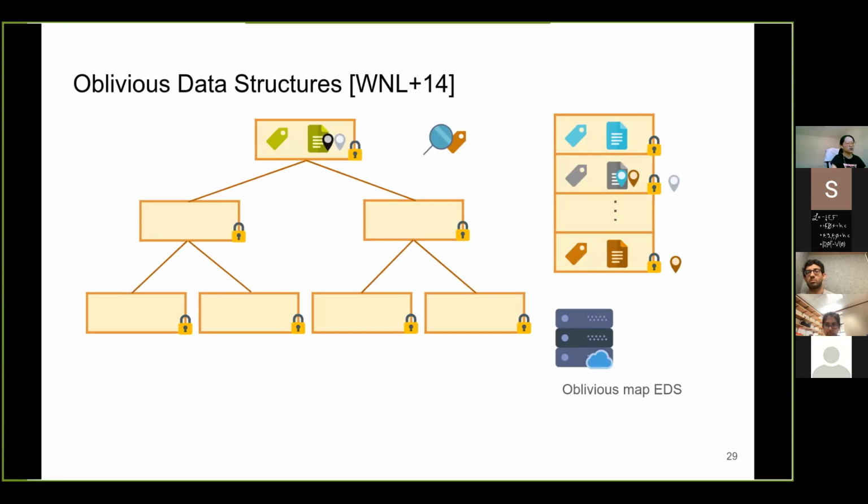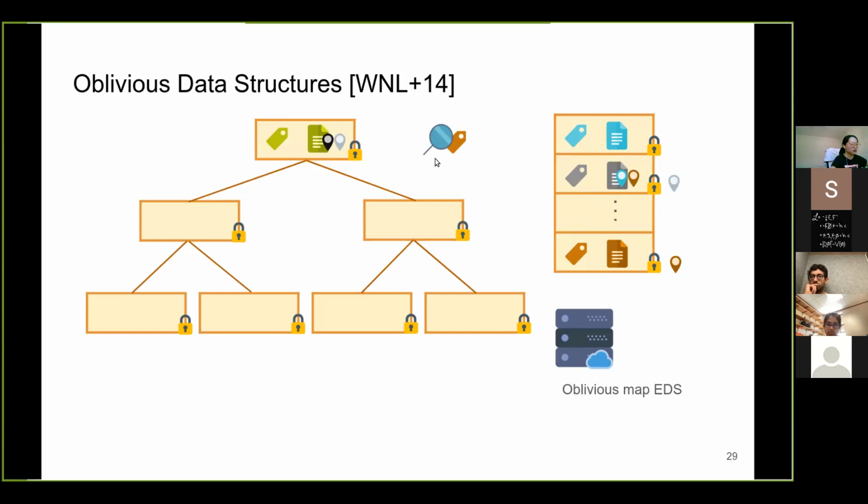Here you can see that each block has a tag and associated documents. Together with the tag and the documents, there are also position tags. Position tags are a set of physical addresses that the server can look up, just to hide the access pattern.